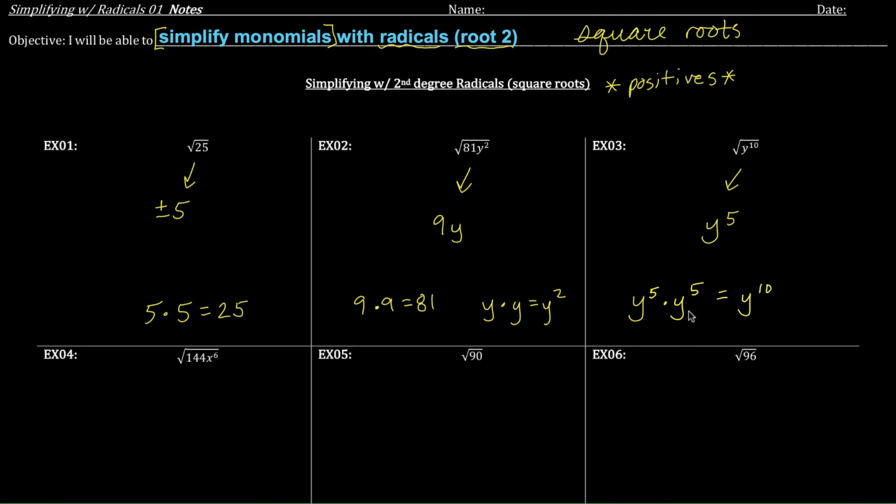If you don't remember why, it's because this is y times y times y times y times y, multiplied by y times y times y times y times y, and you get y to the 10th.